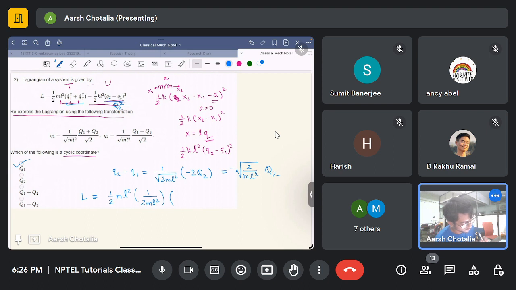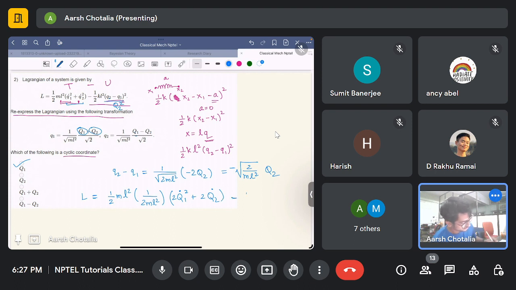Then q1 dot would be capital Q1 dot plus Q2 dot, and this will have q1 dot minus q2 dot. So when you square and add, the cross terms would disappear, right? One would have plus and another would have minus. So it will become 2 Q1 dot square plus 2 Q2 dot square, right?